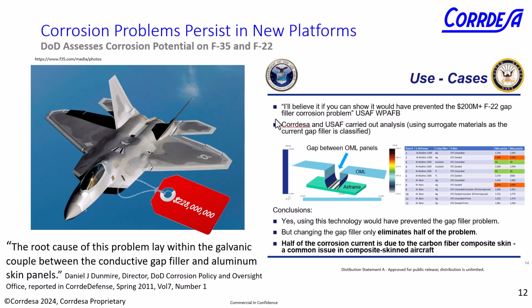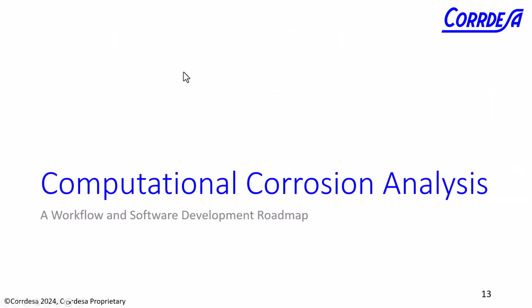And indeed we could. We have done some studies with the materials of concern in that kind of geometry, and found, of course, that it would have been flagged up early on, and you could have made other choices to reduce that considerably. It's the interaction between carbon fiber composites and the aluminum structure, and of course that conductive coating. That all can be analysed up front in design.